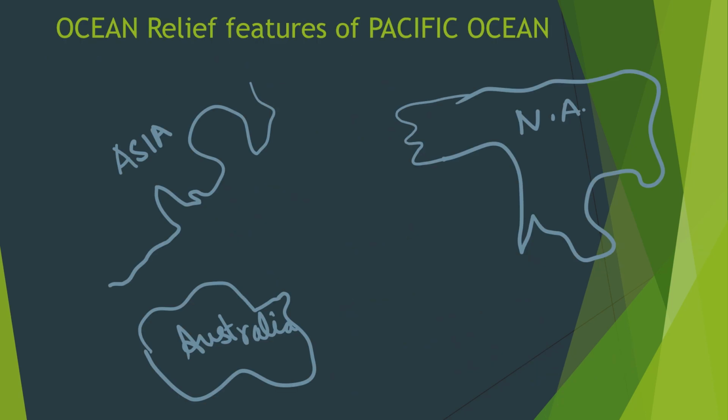And the next topic is the relief features which are present in the Pacific Ocean. There are various types of relief features present here. We are going to look at what they are. So first of all, we are going to see the various seas present in this region. The first one we have is the Sea of Okhotsk. This is a very famous Sea of Okhotsk.